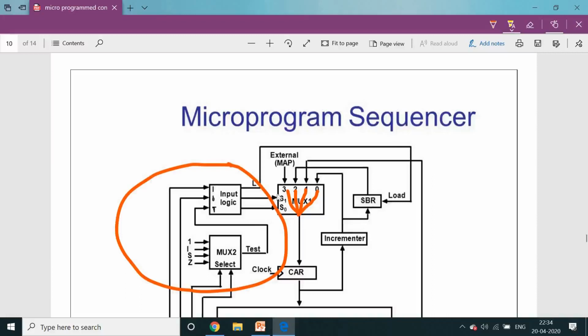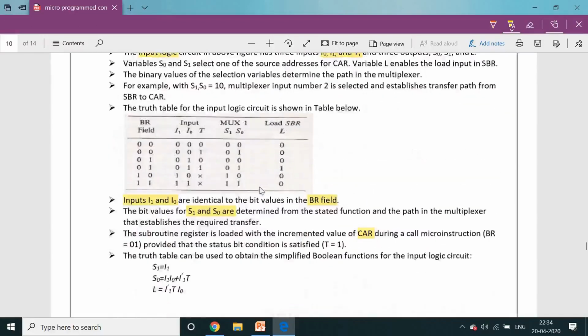Here S0, S1 are used to control the multiplexer, that is, the selection of the multiplexer. Here is the branch field, and the T states alternate 0 1 0 1 0 1 0 1. This is actually 8 rows of information bits.